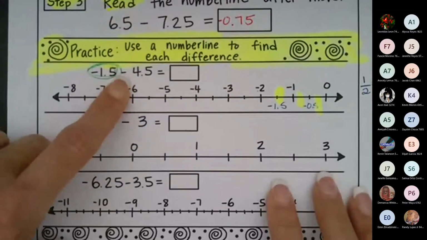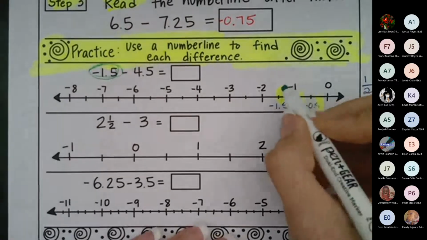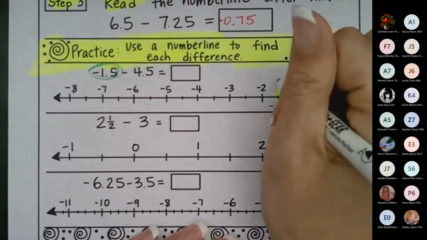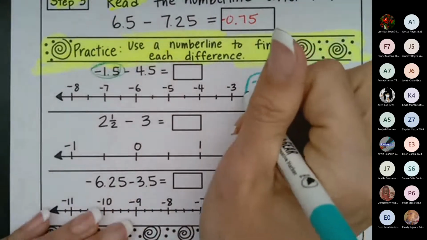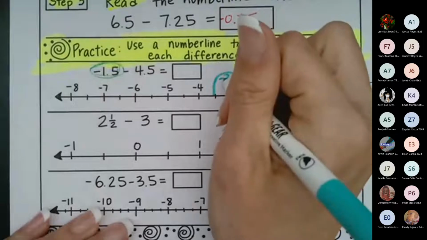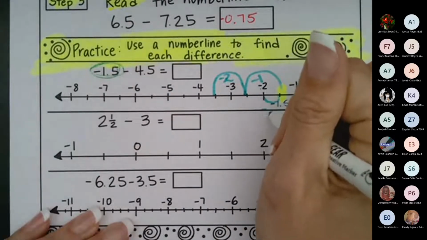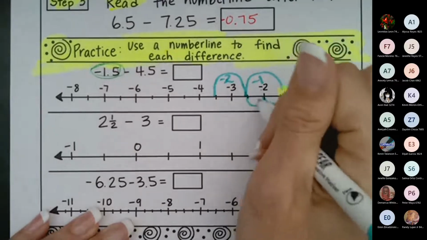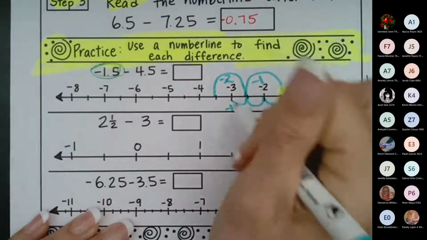So I'm going to move to the left 4.5. Starting here. Here's -1. I'm going to go to the next half mark. Here's -2. And remember, each one of these is worth 0.5, so I could look at it as -0.5. Minus 0.5 would be -1 there. Minus 0.5 would be -1.5.